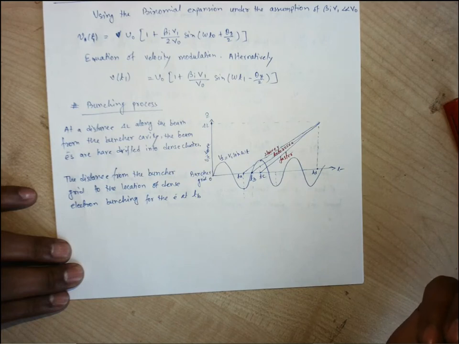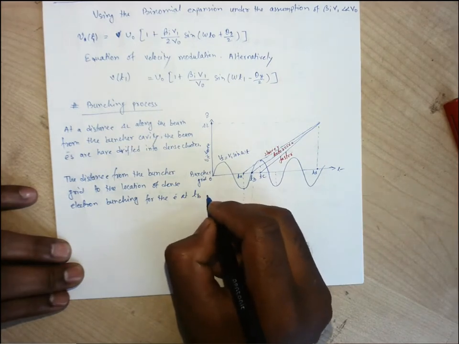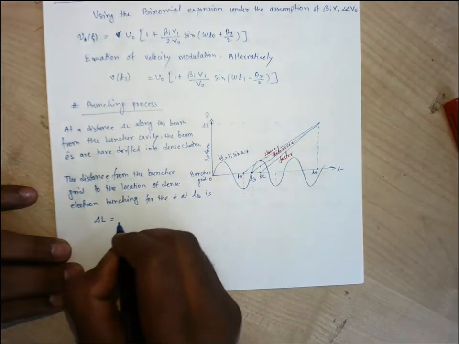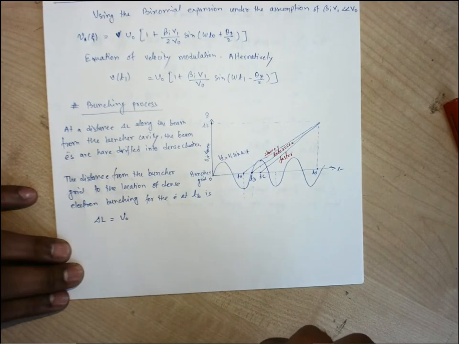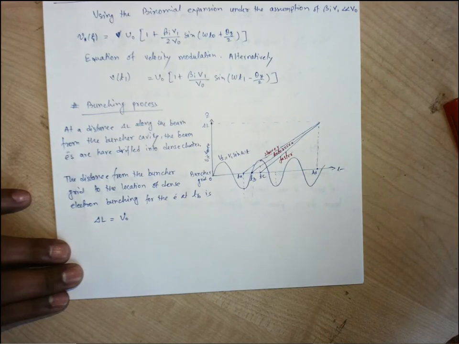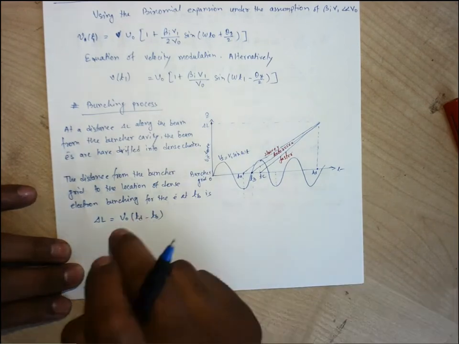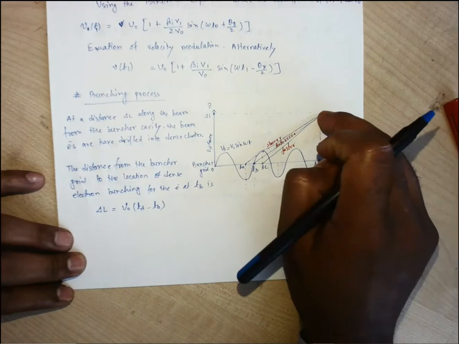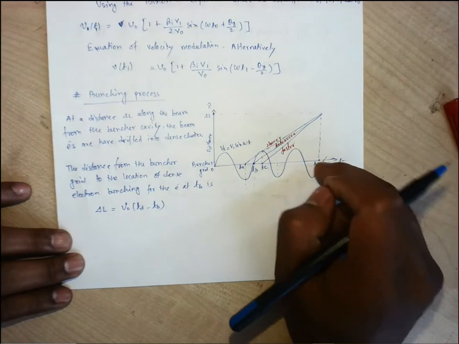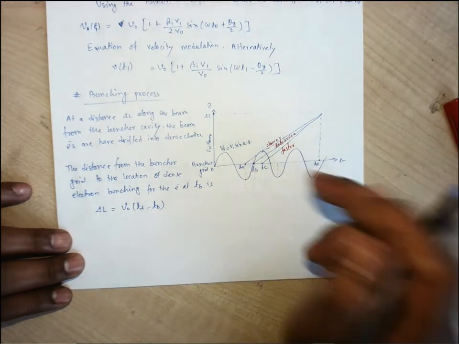So what is that distance? Let us consider that distance del L is equal to, it moves with reference velocity v naught, and how much time does it take? Td minus Tb, right? Td minus Tb time it will take for the reference electron to move to a location where the bunch will form. It is the time period for bunching. So it takes Td minus Tb time.